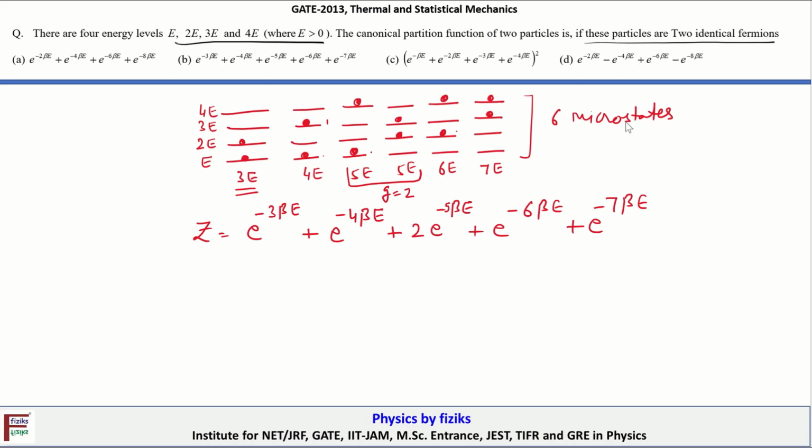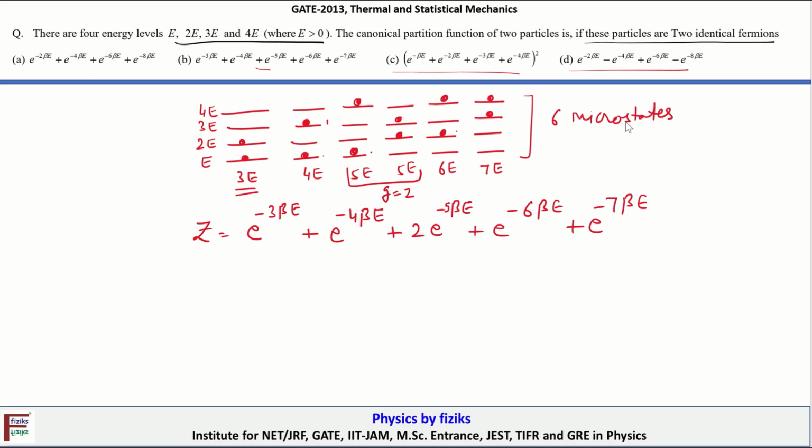Therefore let me check which option is matches our result. Exponential minus 3 beta e plus exponential minus 4 beta e, and then exponential minus 5 beta e, it should be 2 times, and then exponential minus 6 beta e. There's no factor of 2 for the exponential minus 5 beta e term here, so I think there's something wrong.